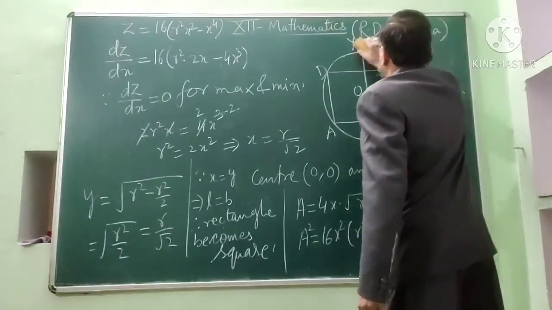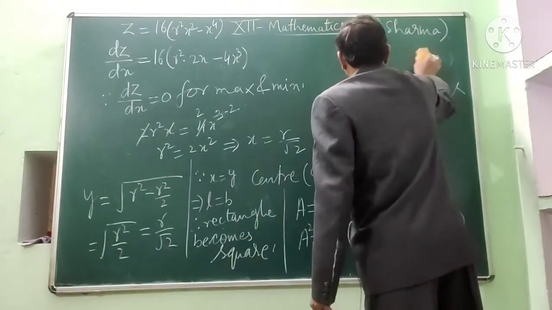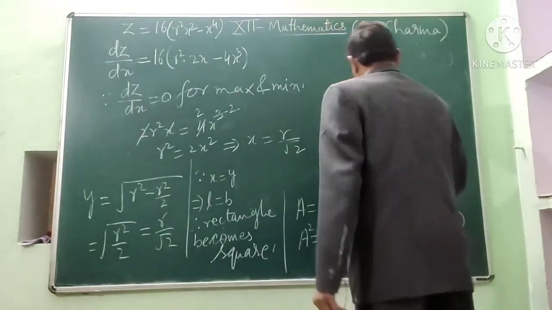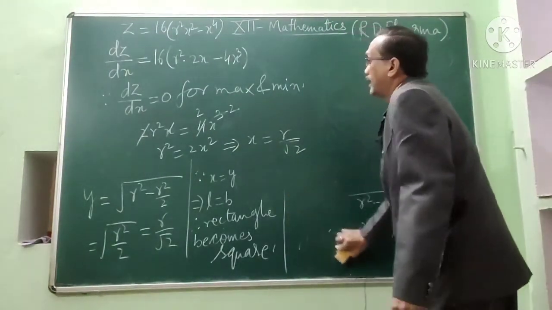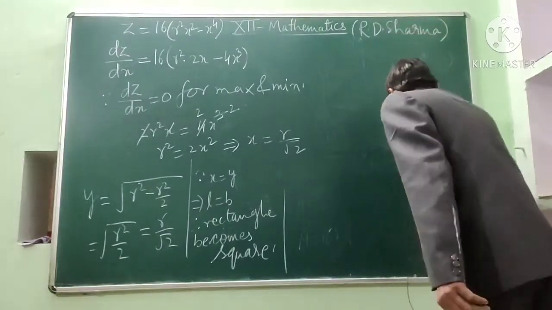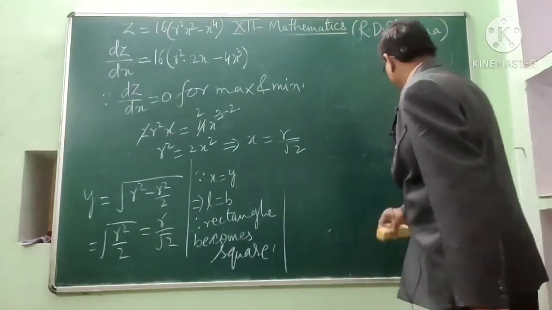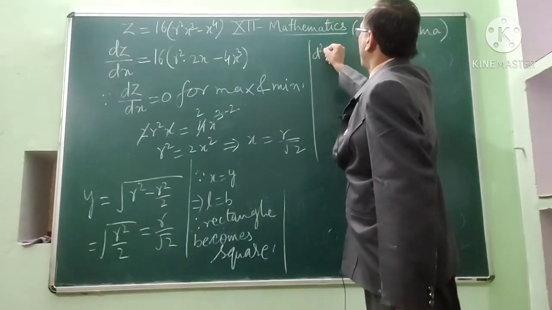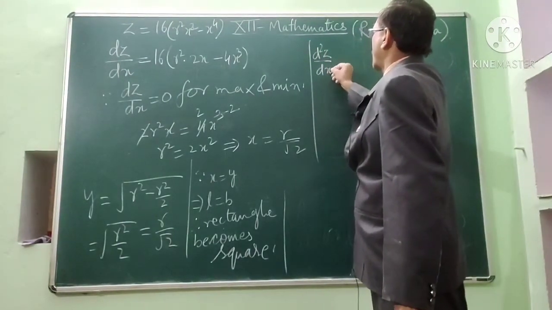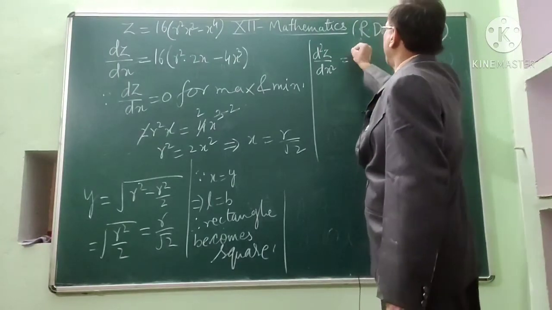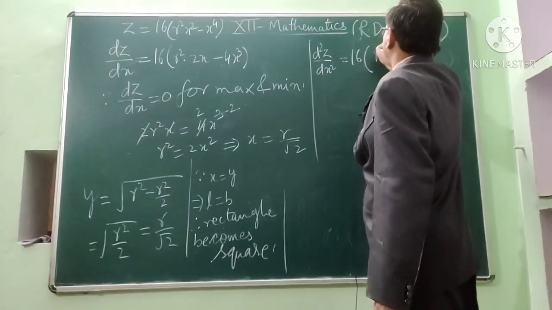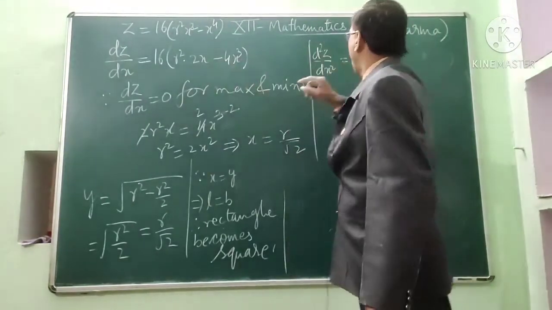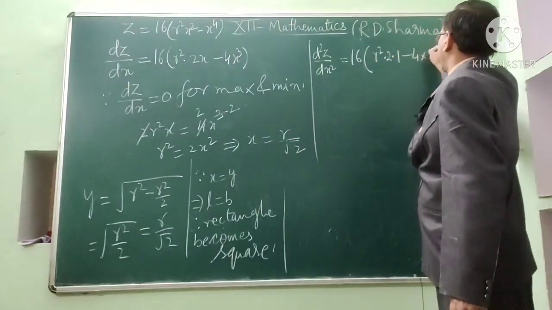Now we will find the second order derivative, d2z over dx square. Then d2z over dx square equals 16, constant r square as it is, into 2 into derivative of x which is 1, minus 4 into 3x square.